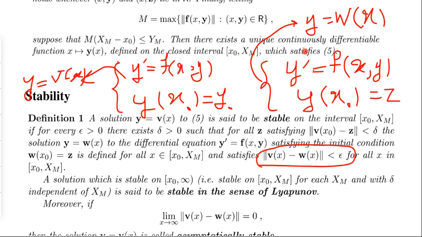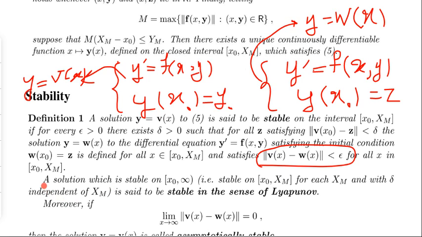In this situation, we will say our problem is stable. In other words, the solution of our problem will have a stability condition.